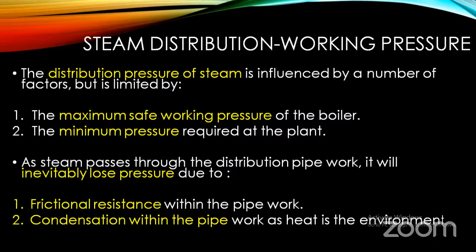The main criterion in the steam distribution system is the working pressure. Even though the distribution pressure of the steam is influenced by a number of factors, it is mainly fixed by two factors. One is the maximum safe working pressure of the boiler, and the other is the minimum pressure required at the plant.